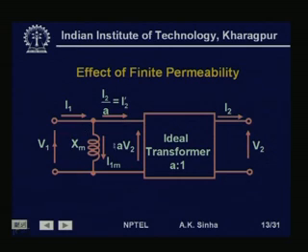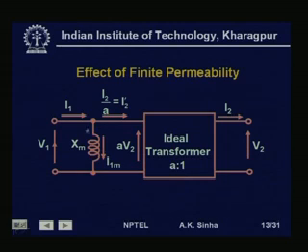Now, we have seen that the current which produces the flux is going to be at 90 degrees to the voltage which is applied, because the flux lags the voltage by 90 degrees. Therefore, the current producing this flux, since it will be in phase with the flux, will also lag the voltage by 90 degrees. Now, how do we represent this current which is required to produce the flux?